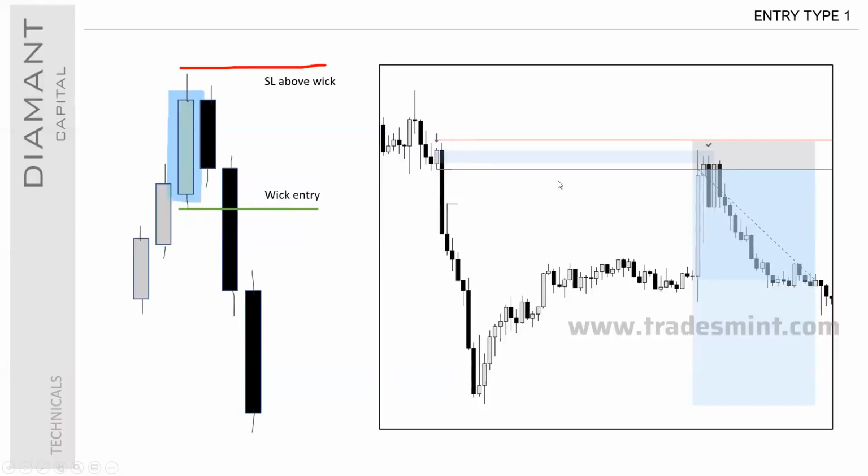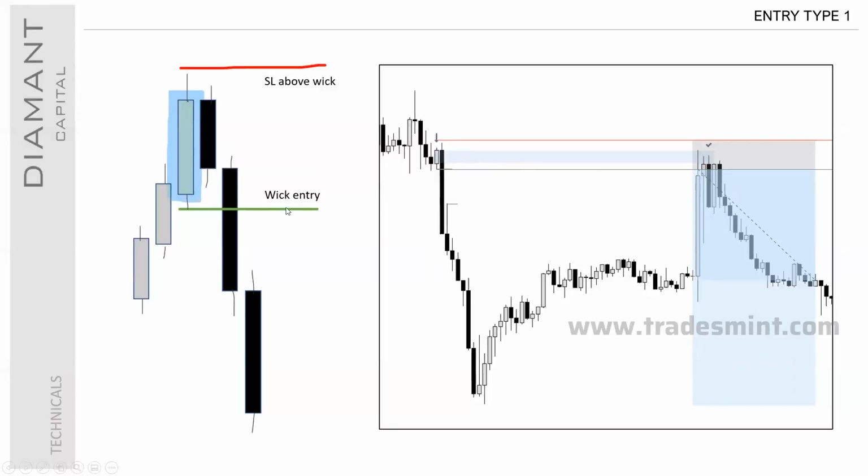You've got to understand one thing: it's been unmitigated. It's been one up move and then one straight massive down move all the way to the downside. Price has not even come back to mitigate any of that up move before we started moving down. Hence why we're looking at this as my first point of interest.